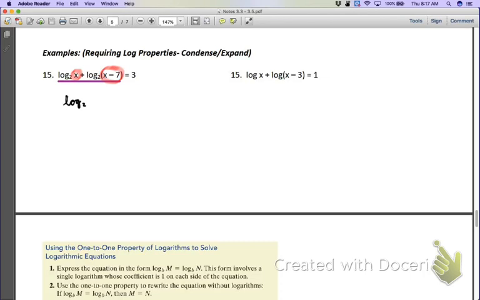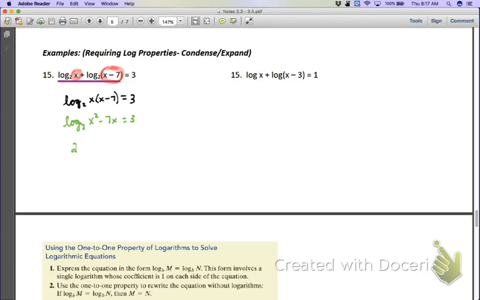Okay? So you can shortcut it. You can write it as x times x minus 7 equal to 3. What you're going to have to do is take log base 2 and have x squared minus 7x equals 3.